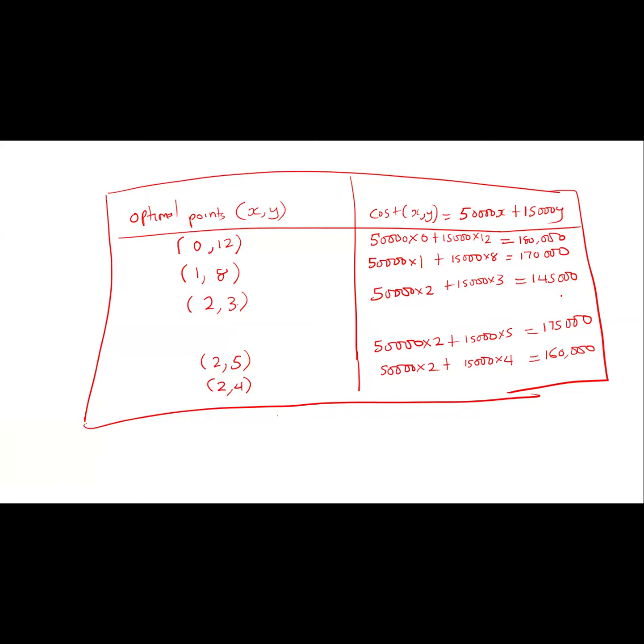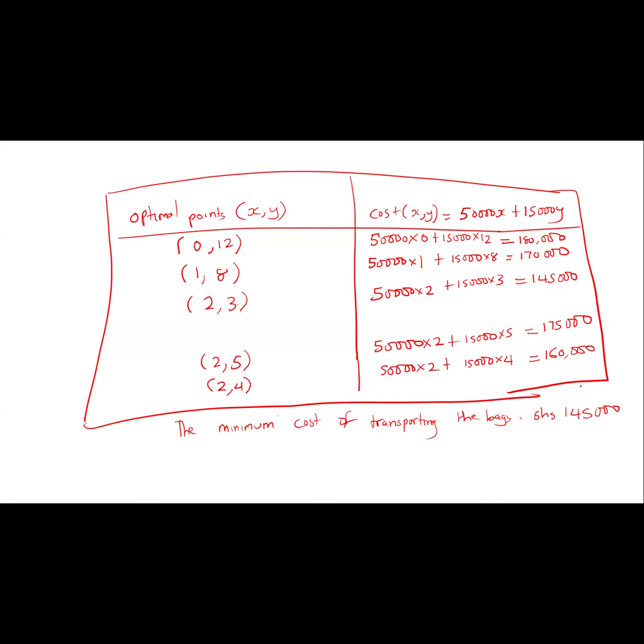We are going to conclude and say, the minimum cost, hope you are listening, I'm not going to write everything, the minimum cost of transporting the bags of sugar is shillings 145,000 when 2 trips have been made by the lorry and 3 trips have been made by the pickup.